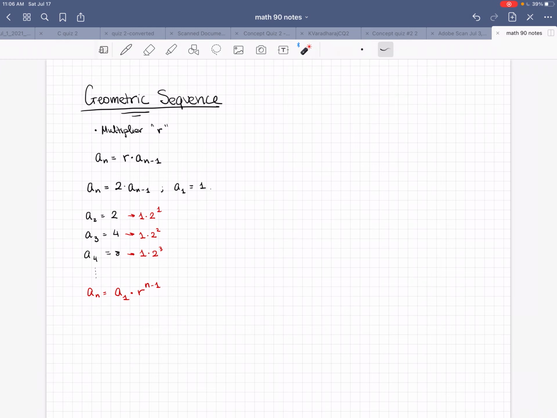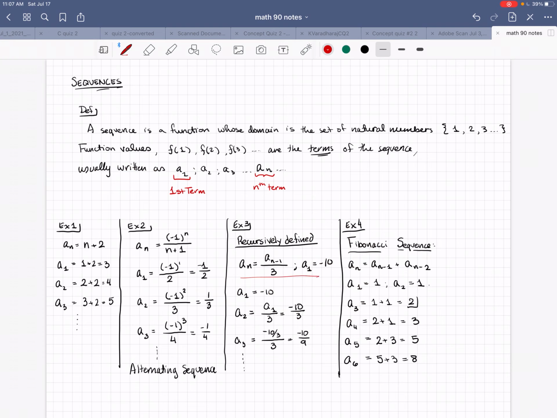So this is an important moment, right? When we have the fourth term, we're multiplying by 2 to the third power. When we have the third term, we're multiplying by 2 squared, and so on. So that is a geometric sequence. You'll notice that perhaps if you compare to the example that we did when we first discussed recursively defined sequences, if the multiplier is less than 1, the terms get smaller and smaller and smaller.